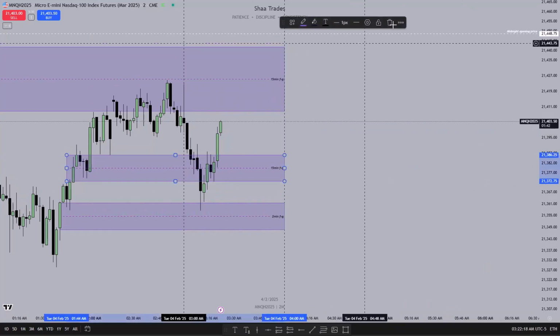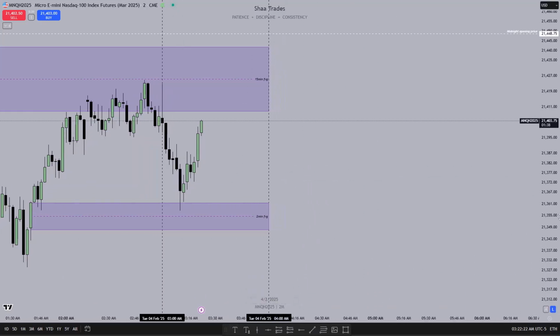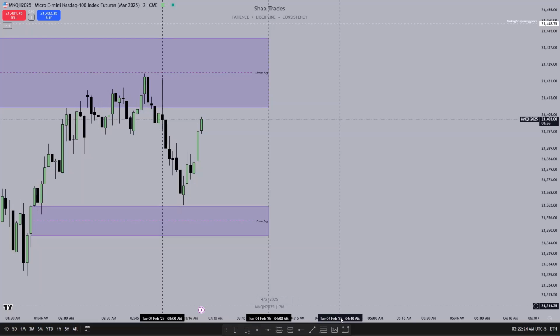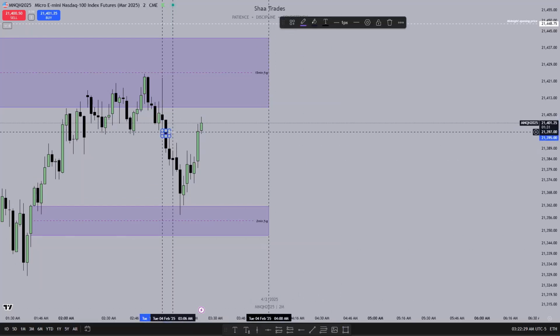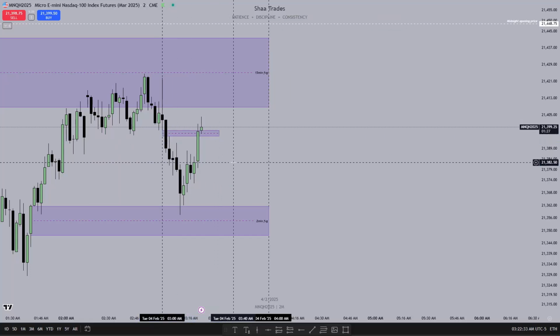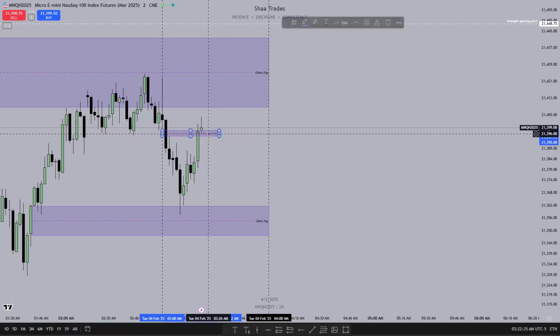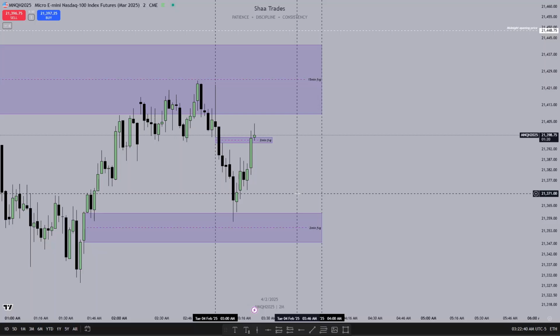So this one, I'm actually gonna take this one off because price is doing something else. We're gonna look for this here. This is a 2-minute. Let's see how it looks on the 1-minute chart.